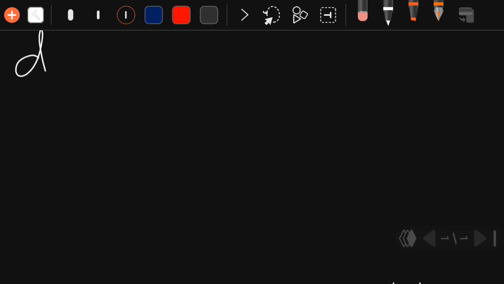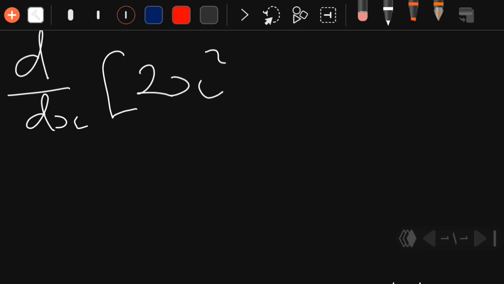Go ahead and try the differentiation of 2x squared. How is it going to be? Just pause the video. Go ahead, try to find the derivative of 2x squared. How is it going to be? Well, just the same.